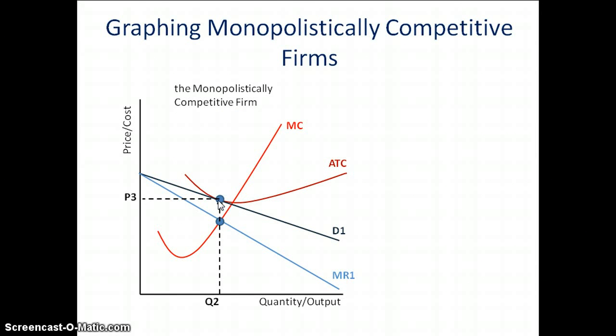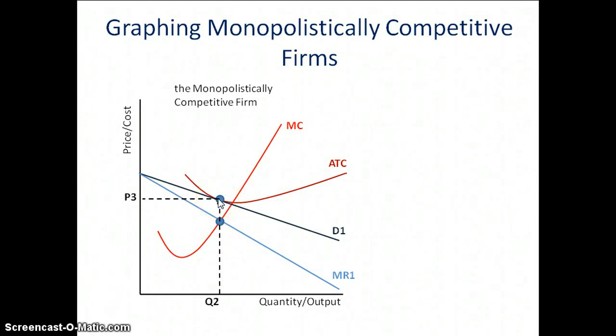Now, why is this the case? Or what does it tell us? This tells us that new firms will enter into the industry up until the point that economic profits are eaten away, because this firm is only earning normal profit at P3, because its demand curve is in tangency with its average total cost curve, and that particular point is the rate of profit maximizing output.